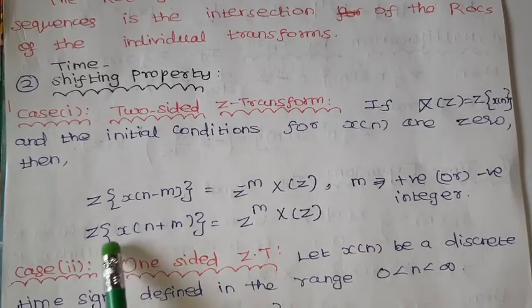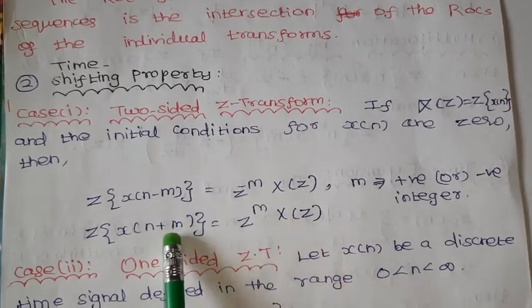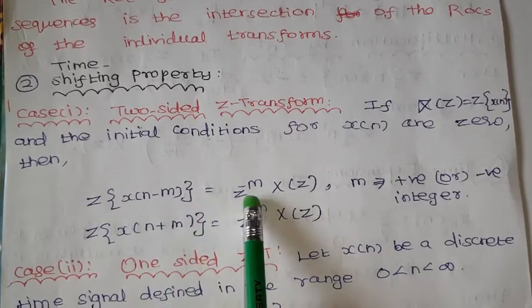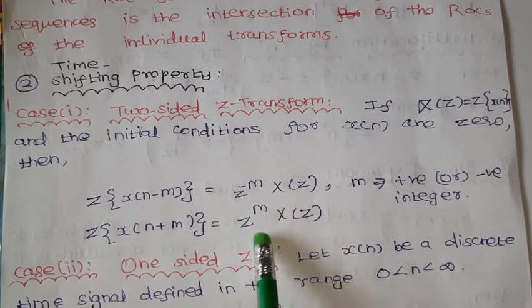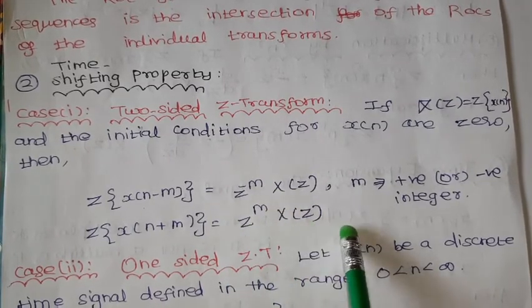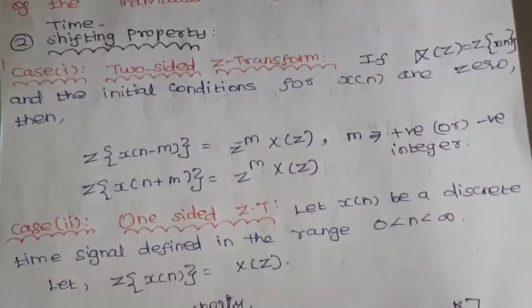The Z transform of x of n plus m is equal to Z power plus m into X of z. For plus, it is advanced, Z power m into X of z, where m is a positive or negative integer.